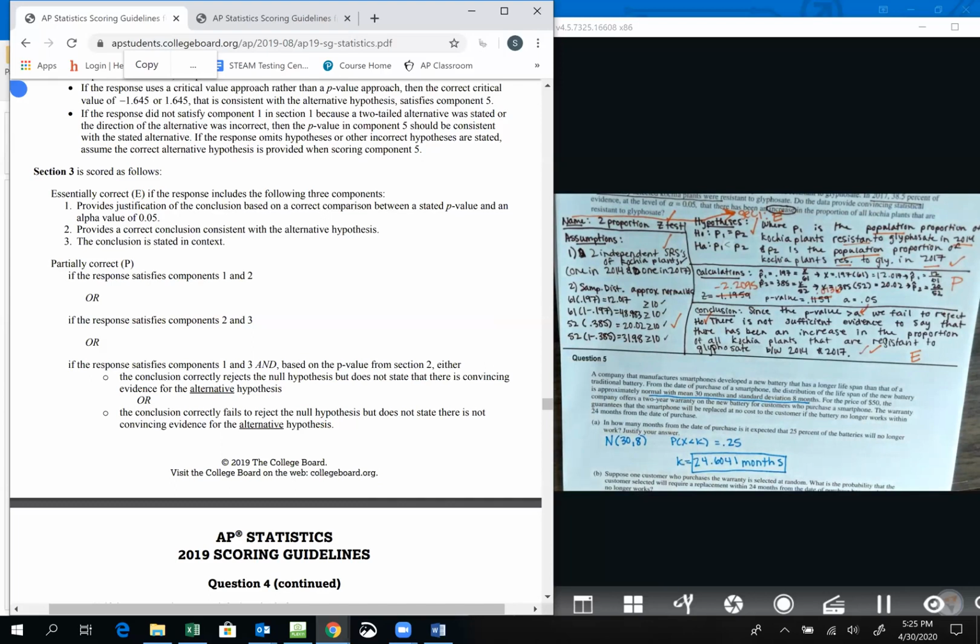As would you, which is why if you can't figure out how to find the p-value, make it up. Partially correct if you satisfied component 1 and 2, or 2 and 3, or 1 and 3 based on a p-value from section 2. Okay.